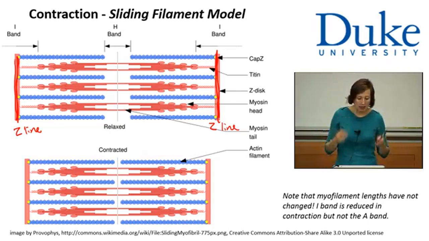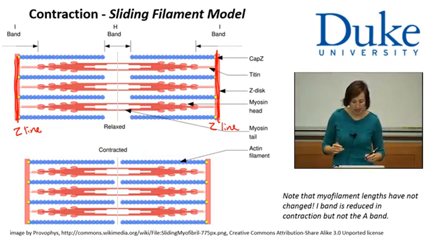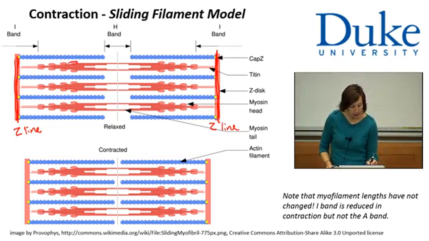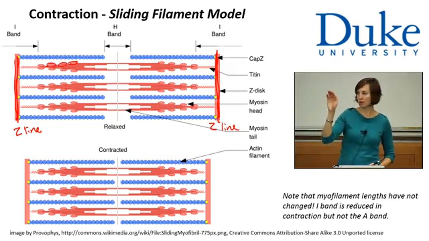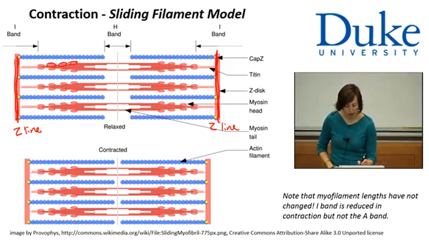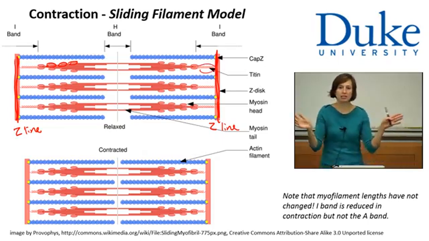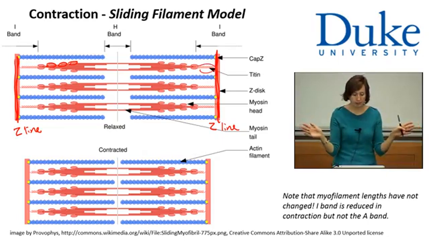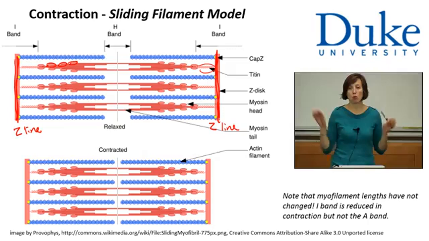And then in red in this diagram we have myosin. And you can see these little circle structures, which are the heads of myosin that are going to be walking along the actin. And there's also a protein called titin shown, which is anchoring myosin into the sarcomere, but not preventing it from walking towards the Z lines.